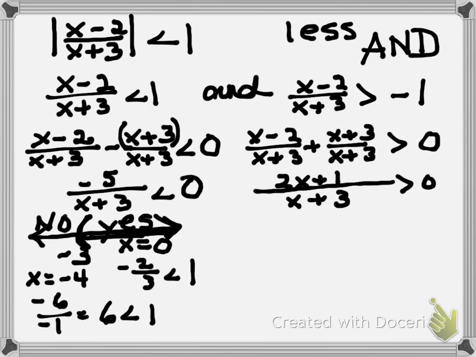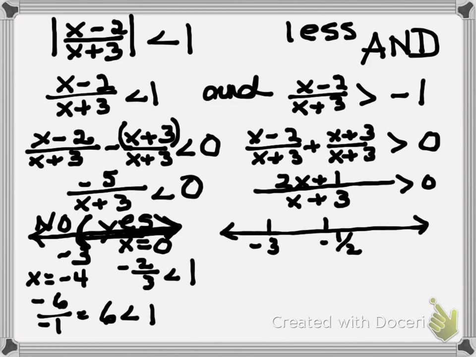Now that's going to give me two test points: negative 3, same as I had before, by setting the denominator equal to 0, and negative 1/2 by setting the numerator equal to 0. So now I'm going to test in each of these three regions.